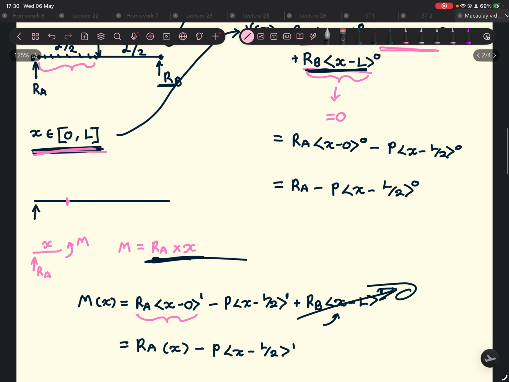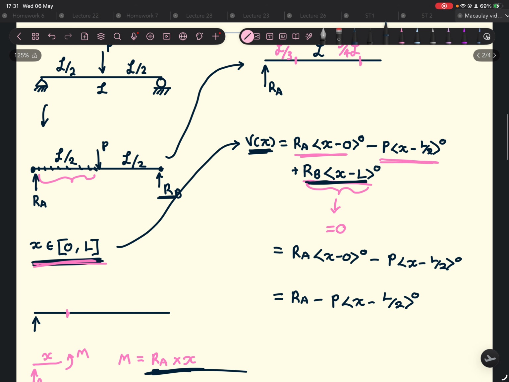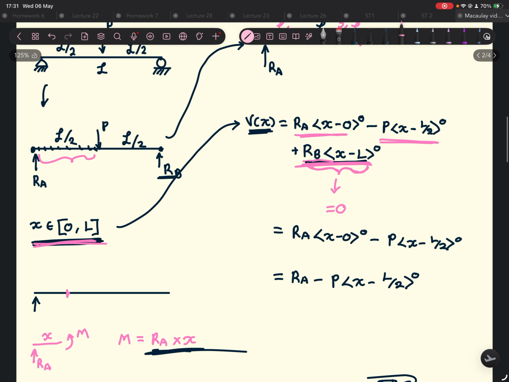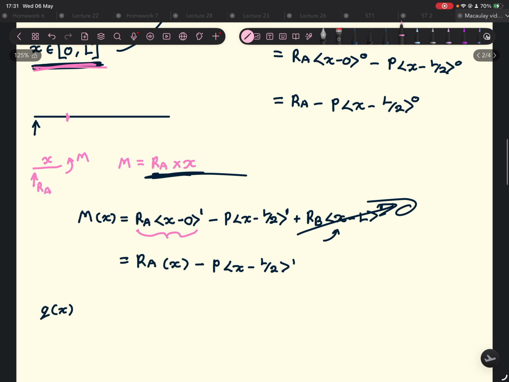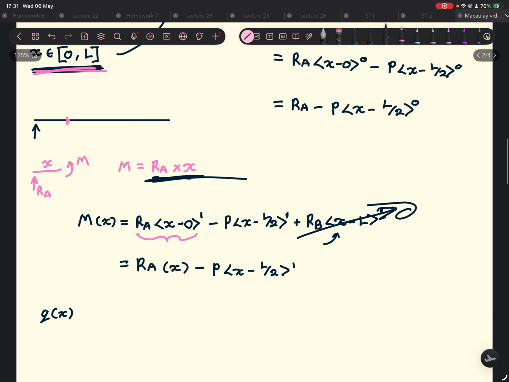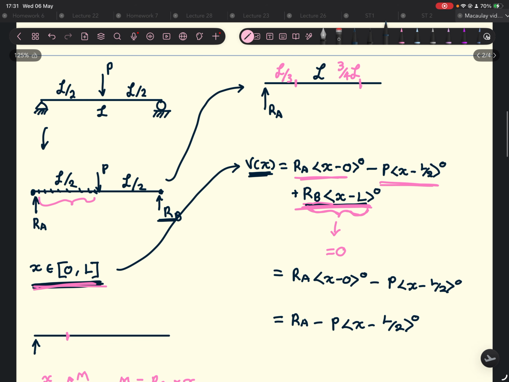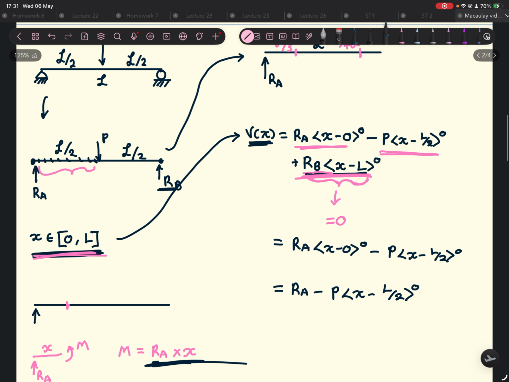So just like we found that this was 0 when x is equal to L, we could do the same thing. So Q is equal to whatever function Q of x would be, because it's not there, it could be literally anything.